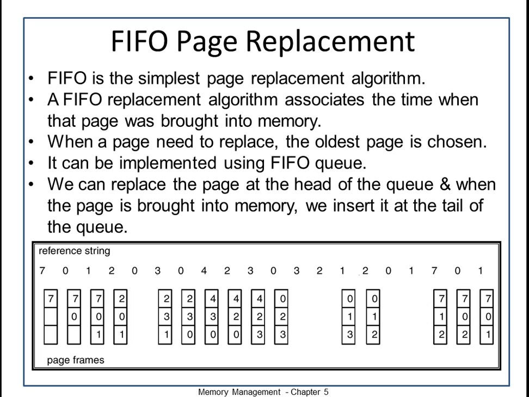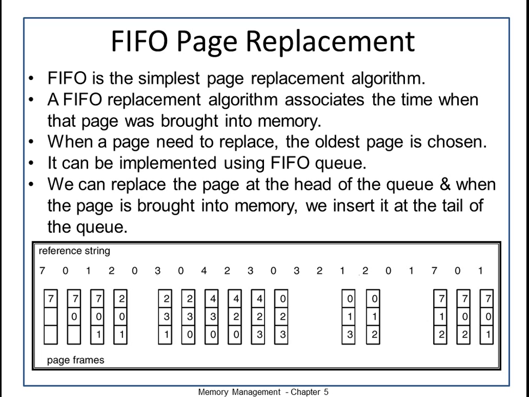Now the second page request is 0. Again it is not there in the main memory, so again there is a page fault, so that page 0 will be searched in the disk and brought into the main memory. Again the third page is searched, that is page 1, which is searched in the main memory. It is not available in the main memory, so it is searched in the secondary memory, and it is brought into the third free frame. Now all the three frames are occupied.